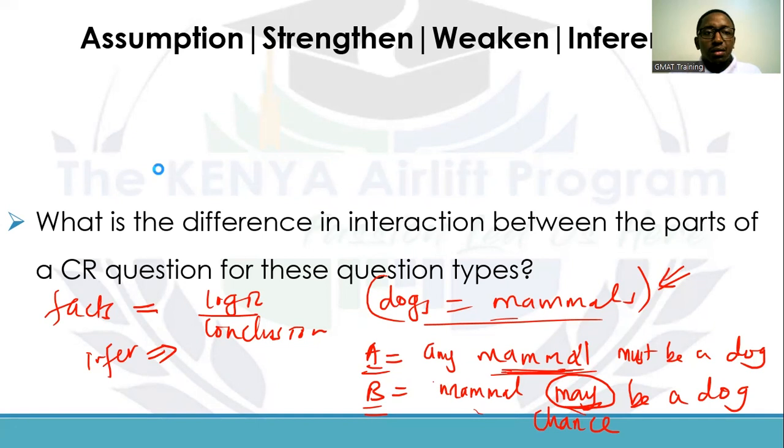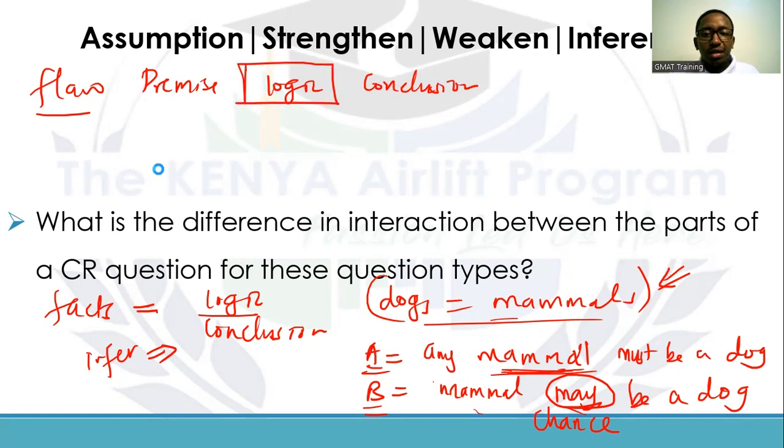Looking at the other question types, there are flaw questions. These are a bit different because you again have premise, logic, and conclusion, but now the logic has a mistake or a flaw. This flaw is kind of the opposite of an assumption.